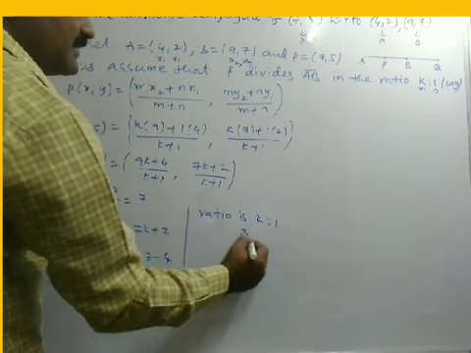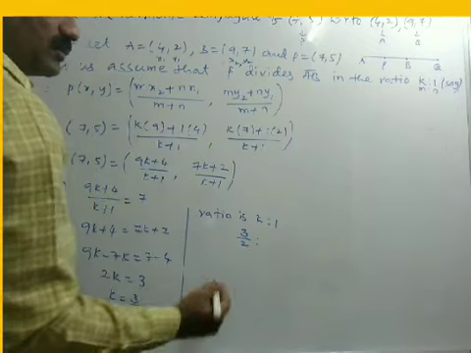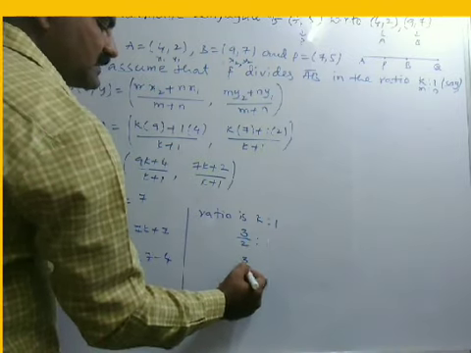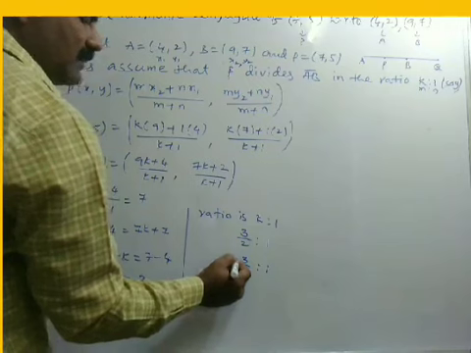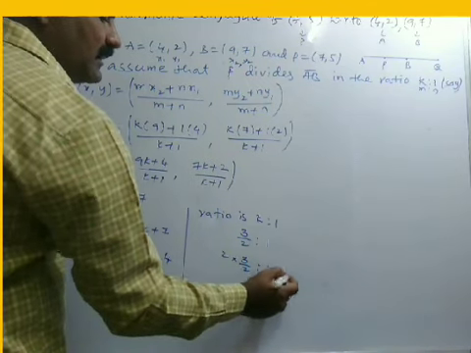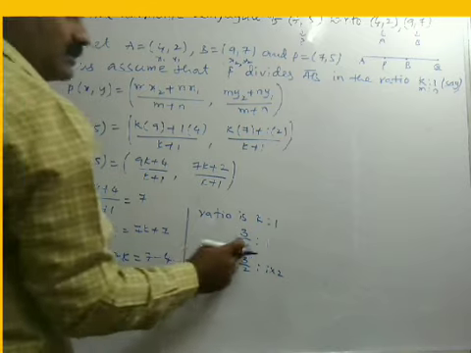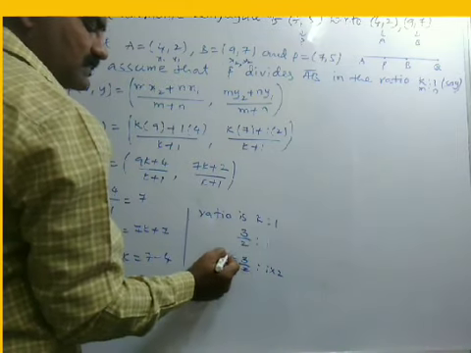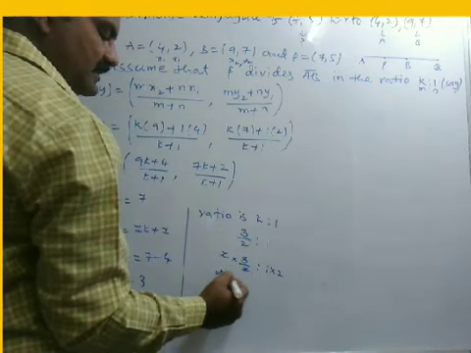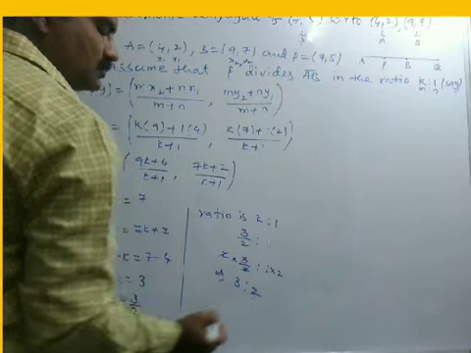That is, I can now replace k with 3 by 2 is to 1. So both sides you can multiply with 2. In inequalities we studied that when we multiply both sides with a positive quantity, there is no change. So let me multiply with 2 so that this 2 and this 2 get cancelled. Now this is 3 is to 2.